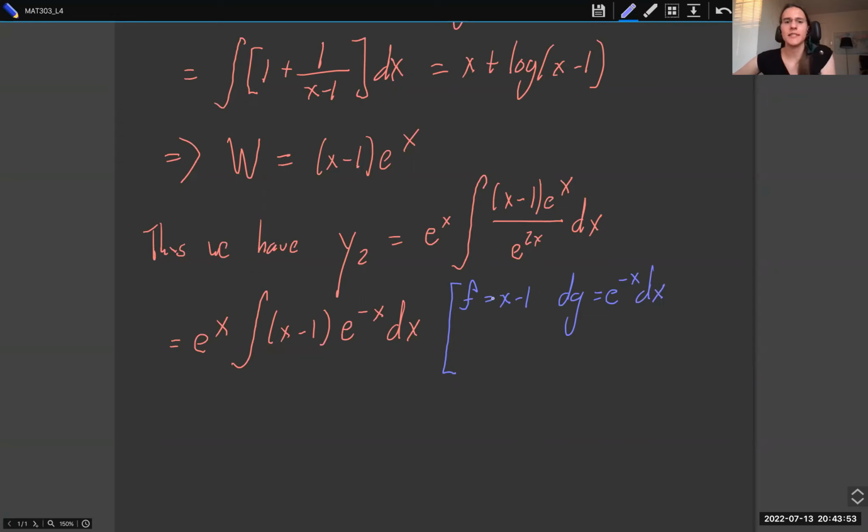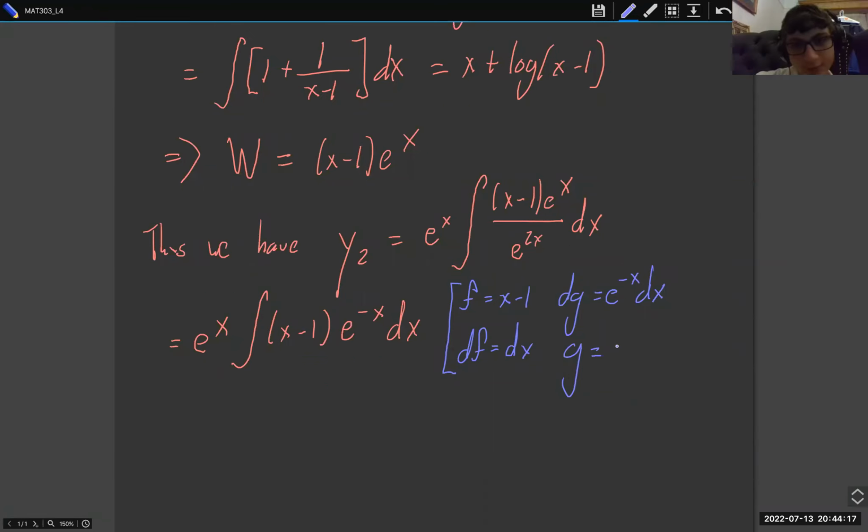As a consequence, what is df? One. Yeah, so df is going to be dx. And when I integrate this, what do I get? Chain rule? Minus e to the negative x.